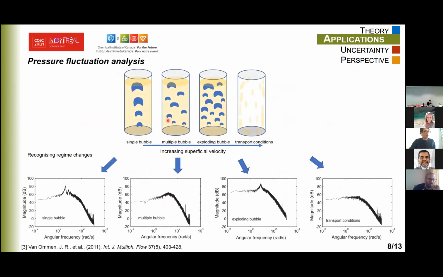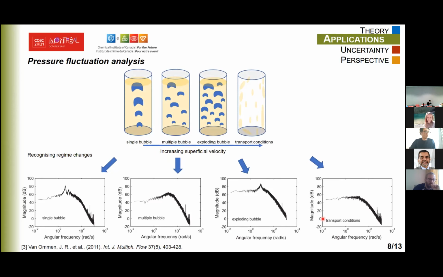Here I show an example reported in the work of Professor van Ommen a decade ago. They demonstrate the different analysis techniques that are available to understand the pressure fluctuations. Here they fluidized particles under 4 different superficial gas velocities to attain different bubbling states.